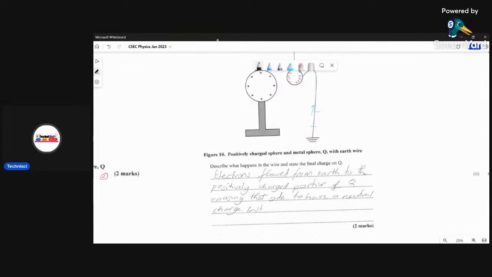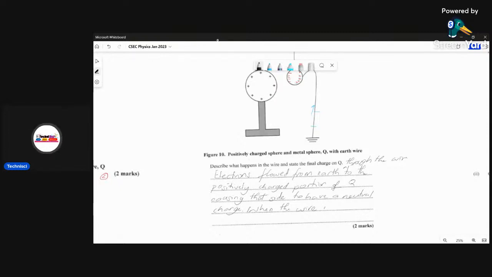When the wire is removed, so we could say it flows from earth, we could say through the wire, just to make sure that they know it's going through the wire. Through the wire to the positively charged portion of Q, causing that side to have a neutral charge.